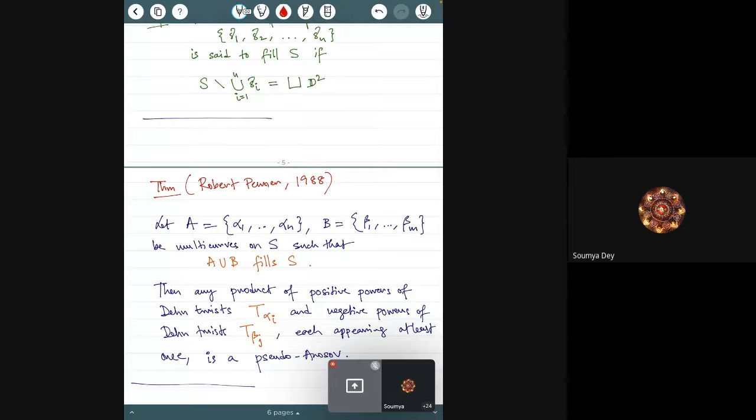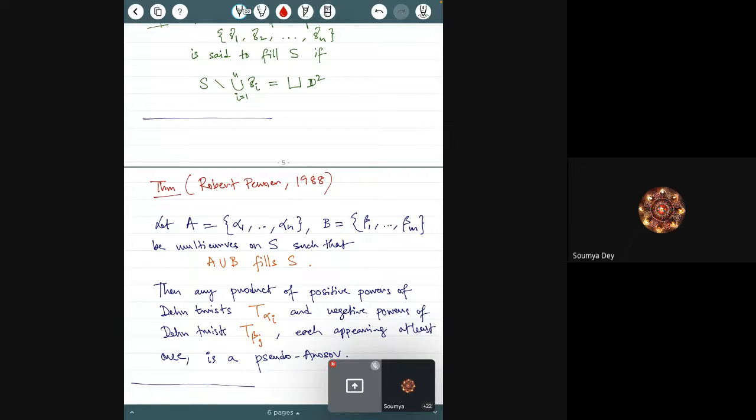And B is also another collection of disjoint curves, beta 1 to beta m, such that A union B fills S. So you consider the union of these two collections.